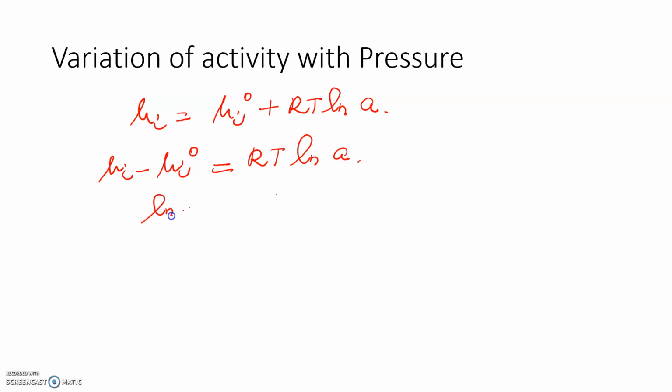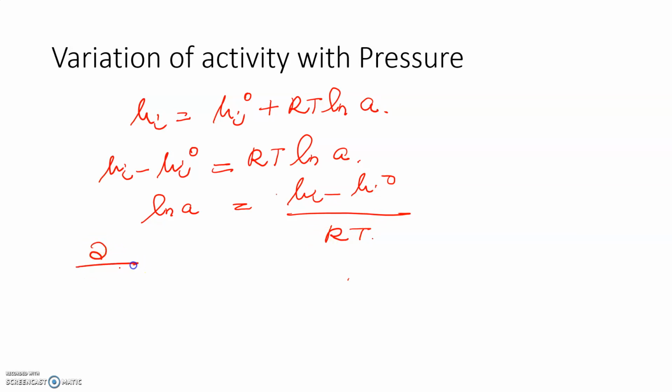So what is ln a? ln a is (μ_i minus μ_i⁰) by RT. When we are considering the variation of activity with pressure, we'll keep temperature a constant. So R and T are constants.